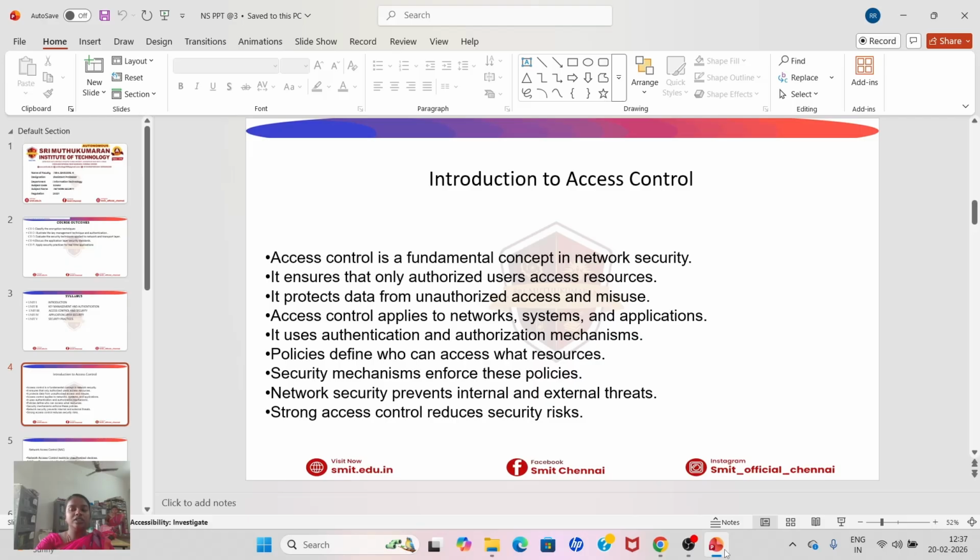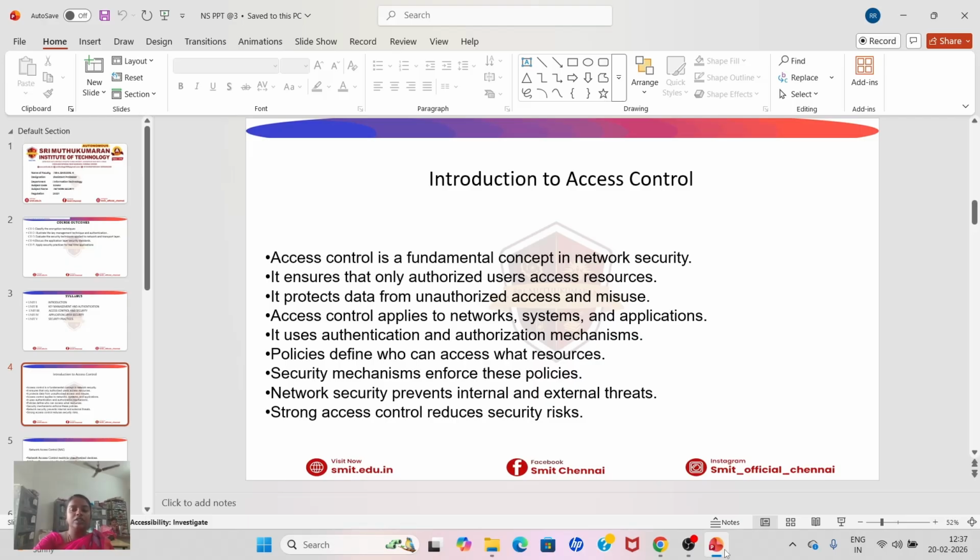Object, the resources being accessed, like a file, database, and system. Access right, the type of permission given: read, write, execute, or delete. Policy, rules defining who gets the access. And mechanism, tools enforcing the policy.